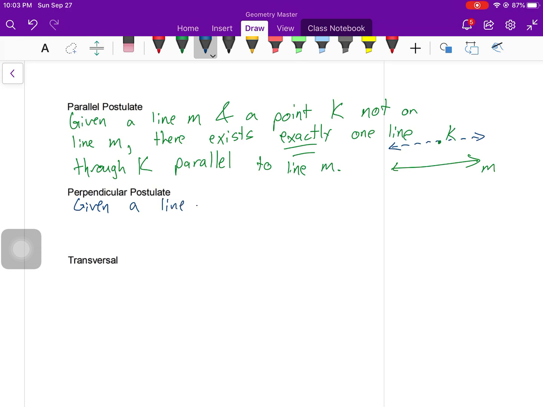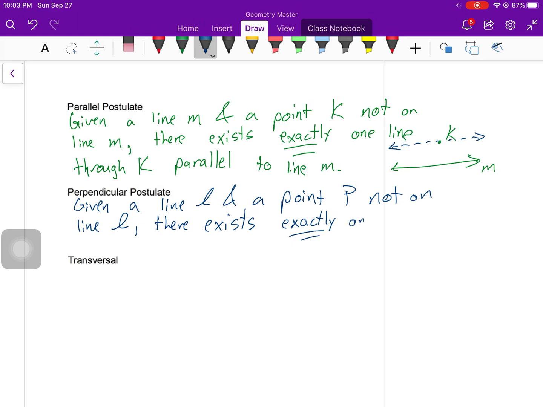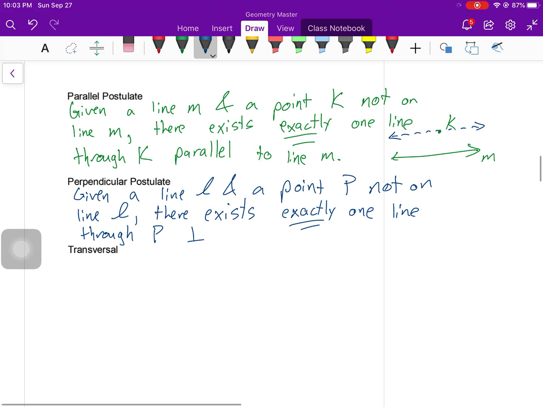So given a line L and a point P not on line L, there exists exactly one line through P perpendicular, I'll say perpendicular with our symbol for perpendicular, to line L.